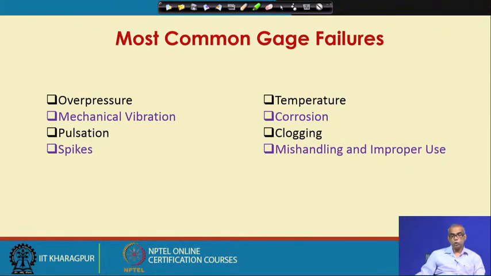These are common gauge failures: overpressure, mechanical vibration, pulsation, spikes, temperature, corrosion, clogging, mishandling and improper use. So, these are certain most common gauge failures.